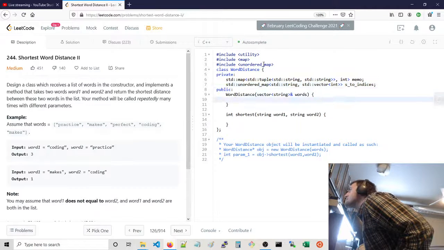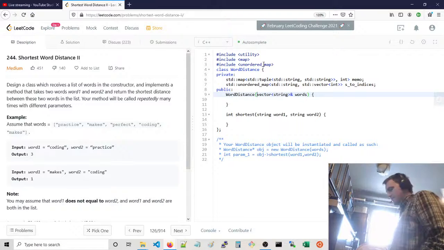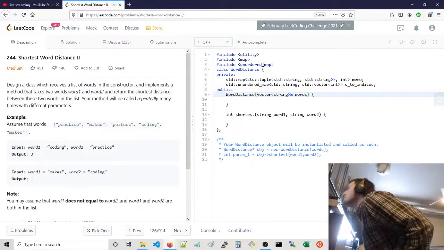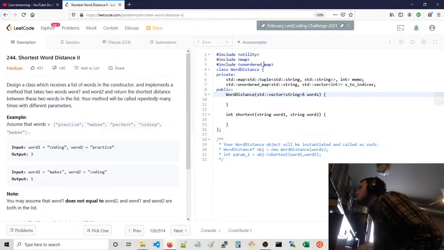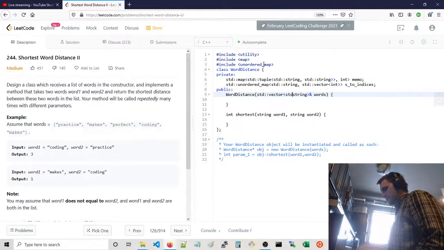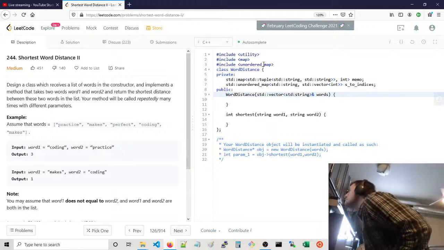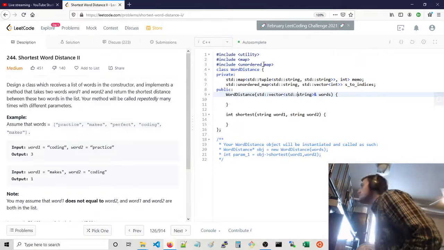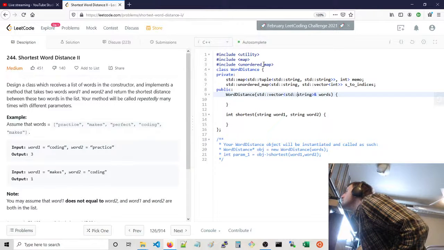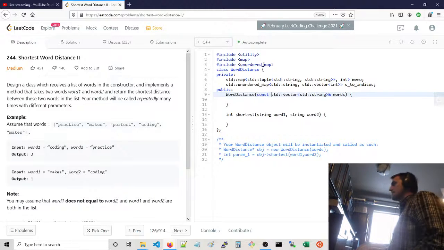So the pre-processing step is just, we're not going to modify this at all.